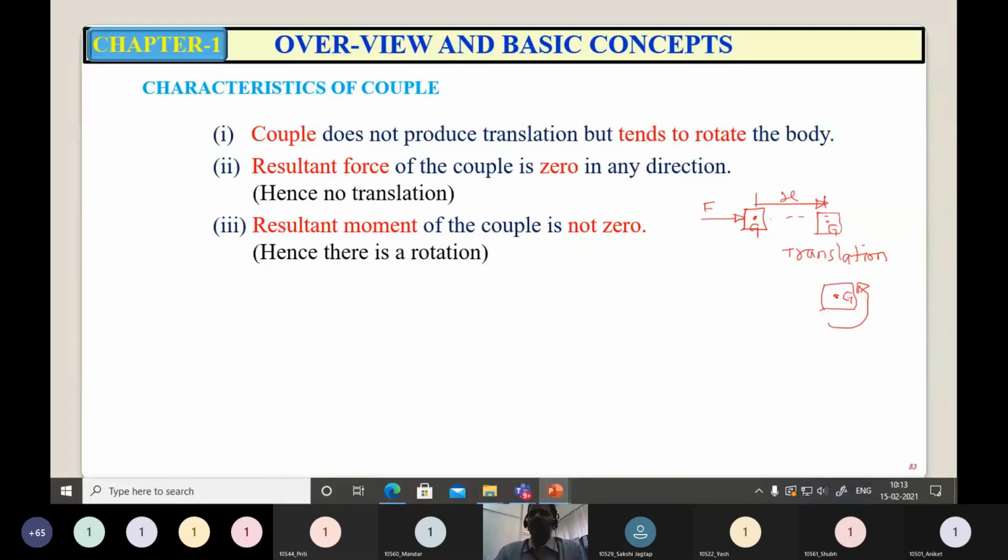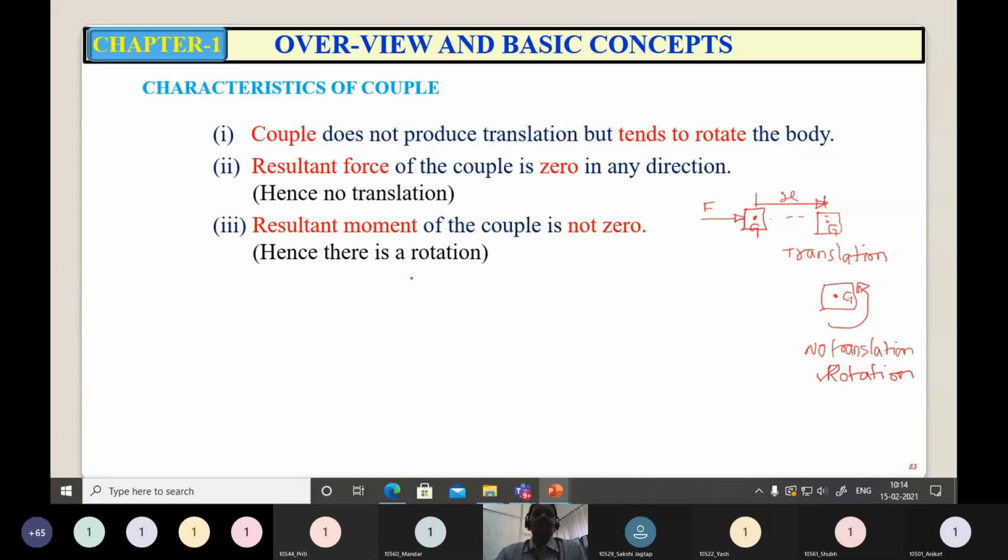The position of G is not changing, and hence the body is not having translation. There is no translation, but the body is moving, it is rotating about point G. So you can say that this body is having rotation. Is it clear? So the effect of couple on the body is to produce only rotation.